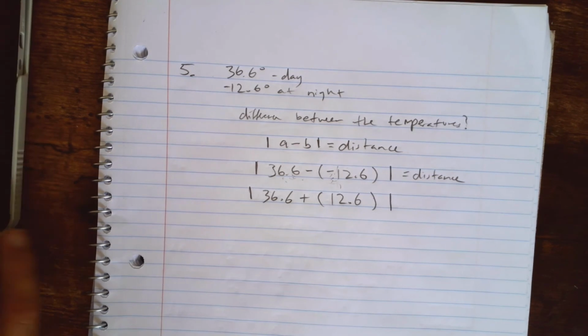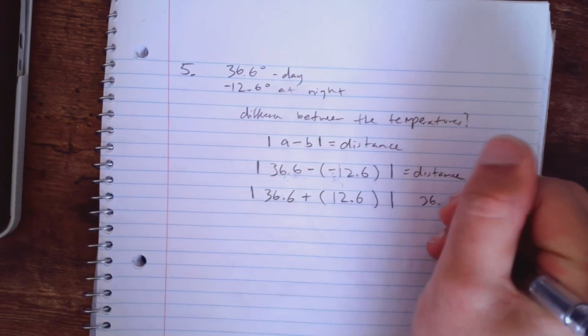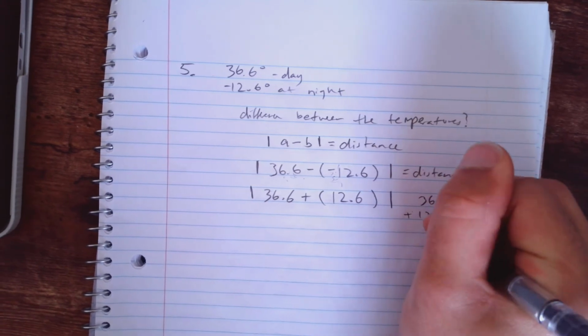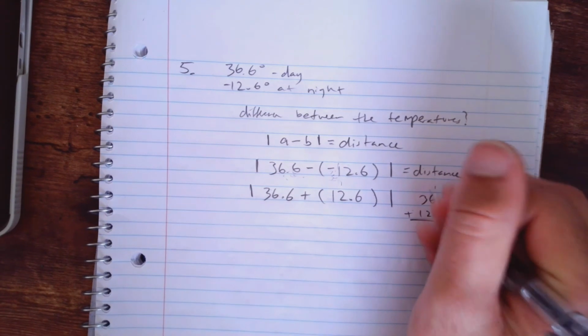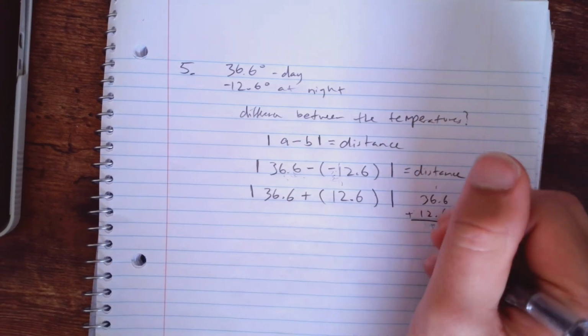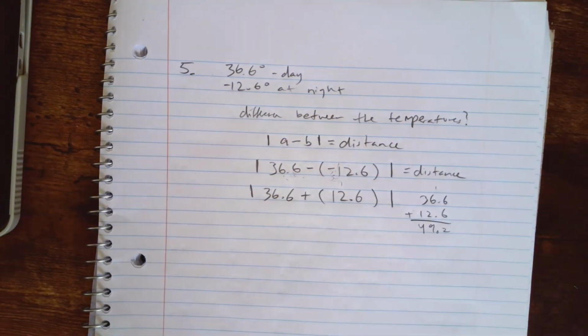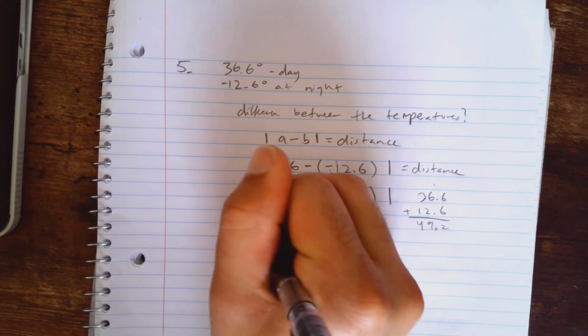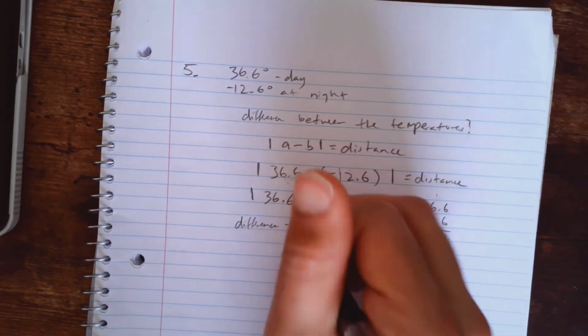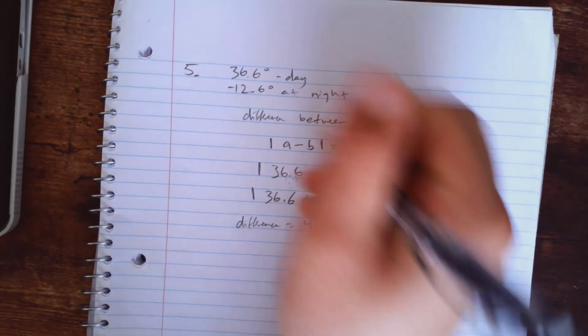That's the easiest type of problem that we have, right? 36.6 plus 12.6, 6 plus 6, 12, 6, 8, 9. There we go. The difference is equal to 49.2.